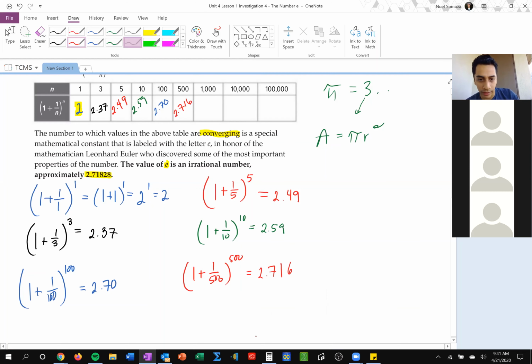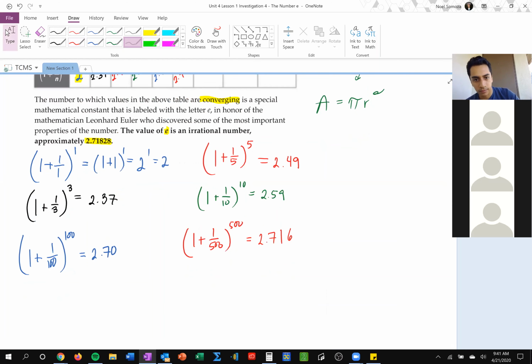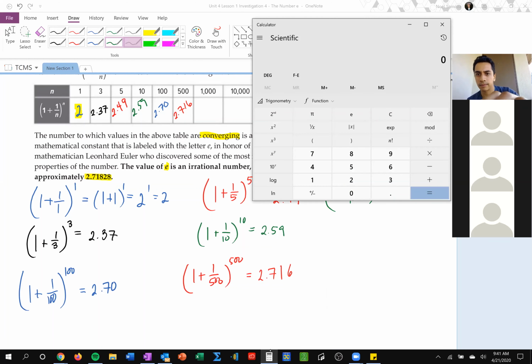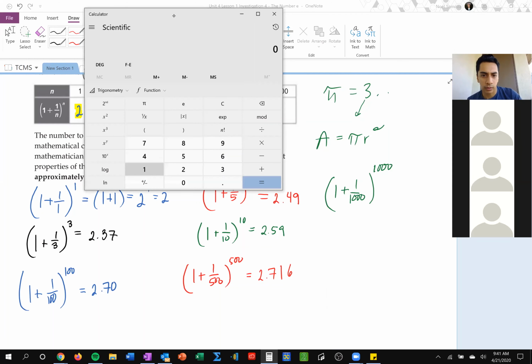Okay, now we try with 1,000. Oh, you know what? We'll keep it right here. So 1 over 1,000 plus 1. Now we take this to the 1,000th power. And now that got even a little bit closer.